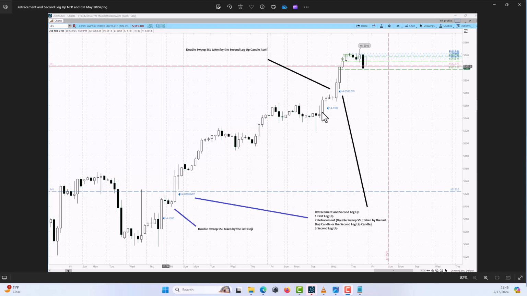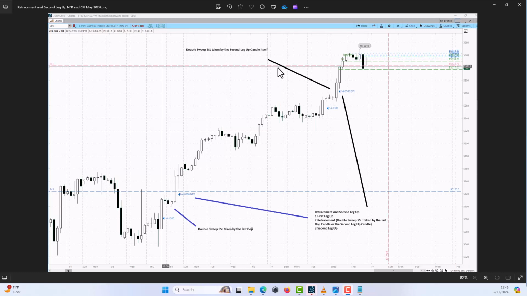And the same right here, we have expansion on the 13th, the day before, and then when it goes to Asia, London, right before 8:30 you see the double sweep of sell side right there.